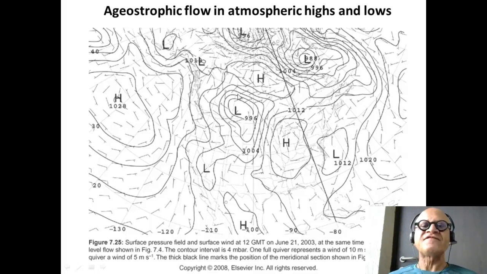We are at the surface because obviously we are looking for friction induced sub-geostrophic flow, as we call it, right? Near the surface, obviously friction is important, cannot be ignored.